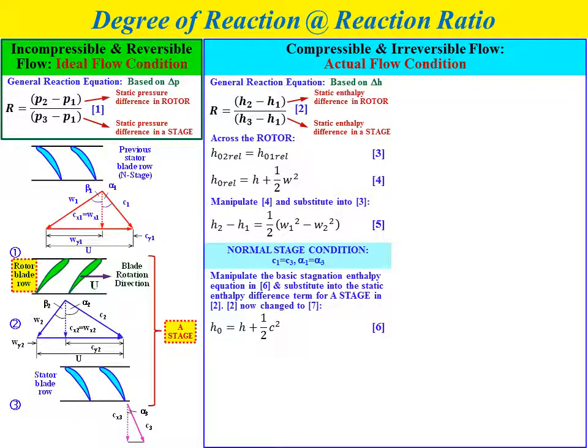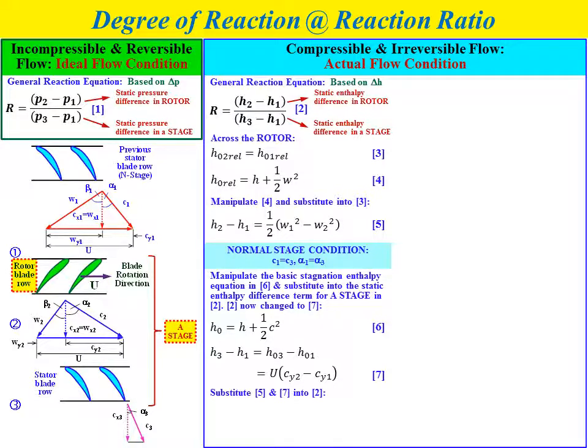So now equation number 2 changes to equation number 7, where H3 minus H1 equals H03 minus H01. Further, if we consider the Euler equation, H03 minus H01 also equals U multiplied by Cy2 minus Cy1, represented by equation number 7.